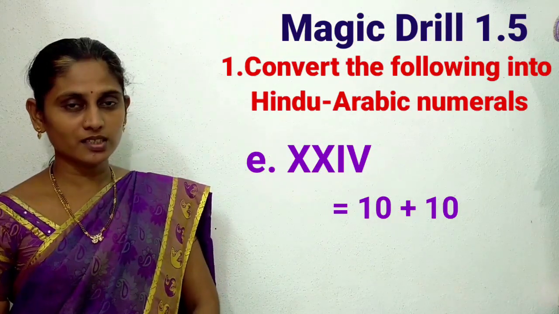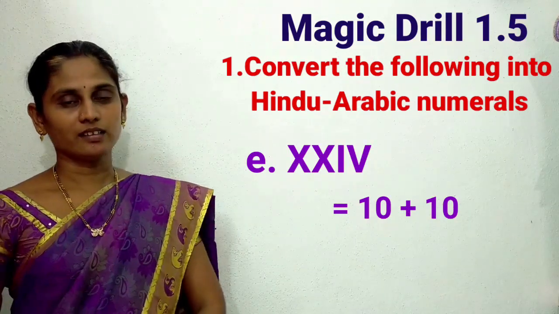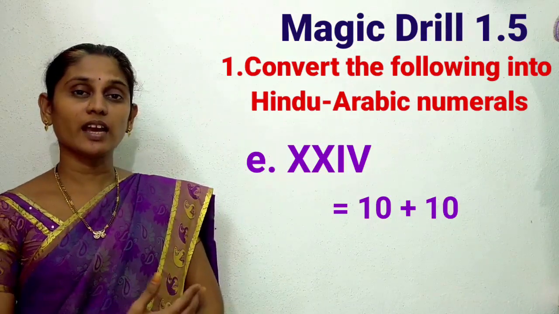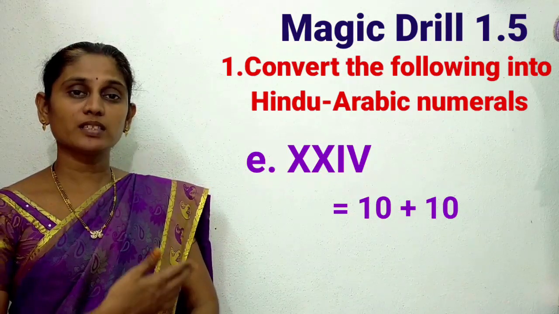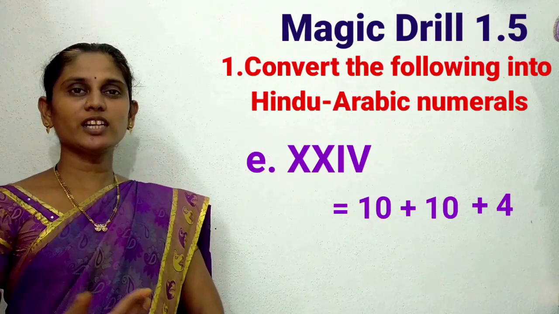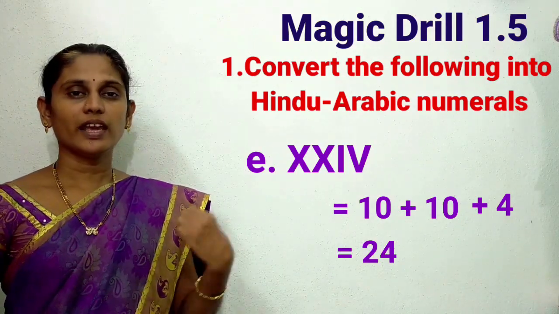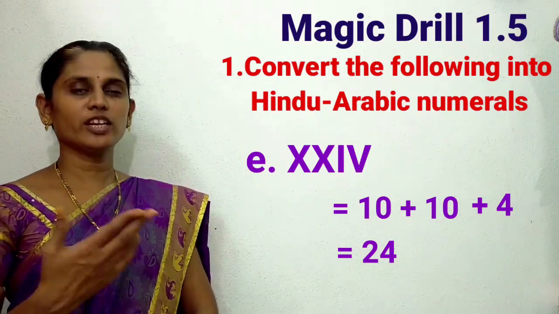No, because the next symbol is greater than the I. Then you have to consider the last two numerals. IV. IV means 4. Then 10 plus 10 plus 4. Together 24. So the Hindu-Arabic value of X, X, IV is 24.